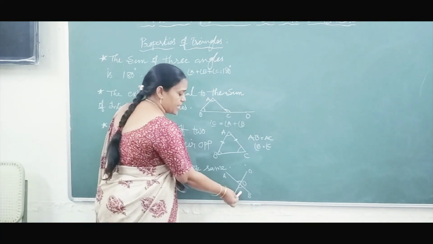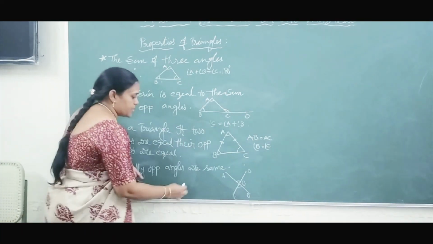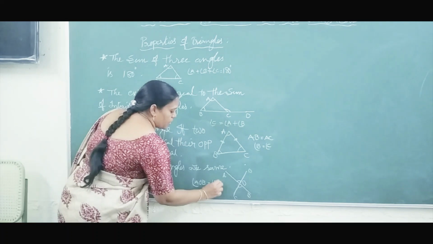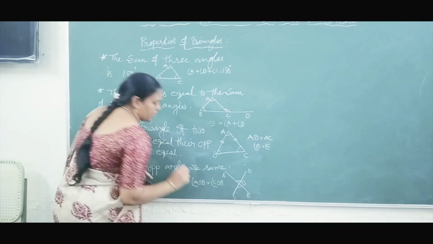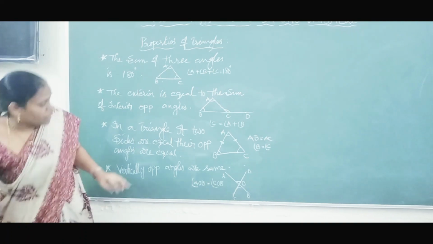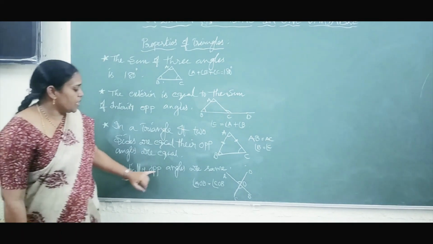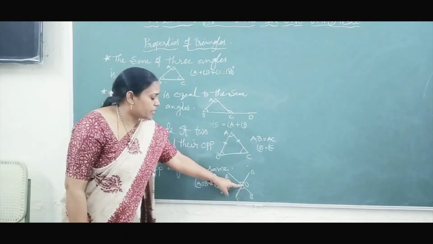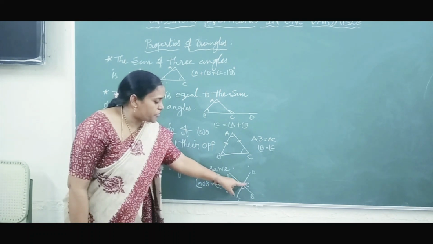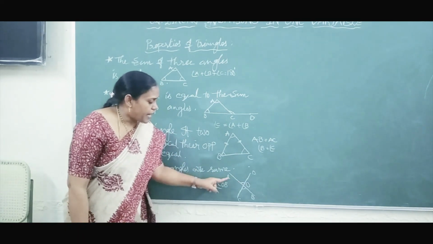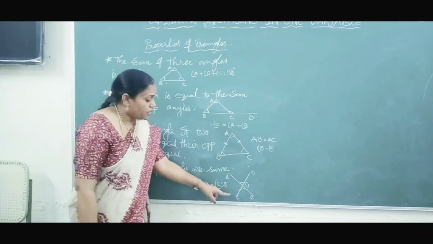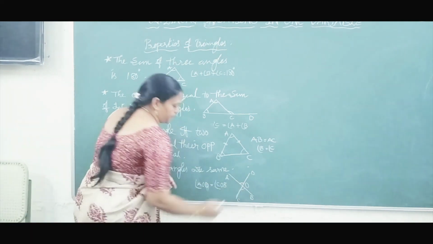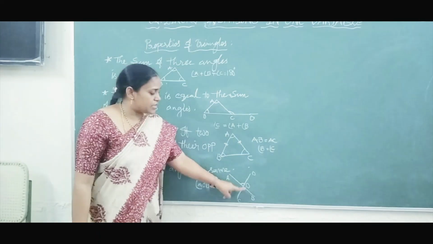This angle and this angle are equal. That is, angle AOB is equal to angle COB. Observe this property carefully. Here these two lines intersect at point O, then they form two angles, angle AOD and angle COB. So these two are the same.